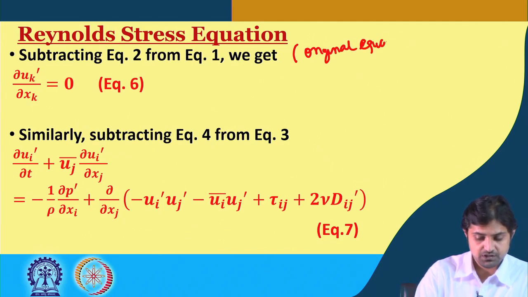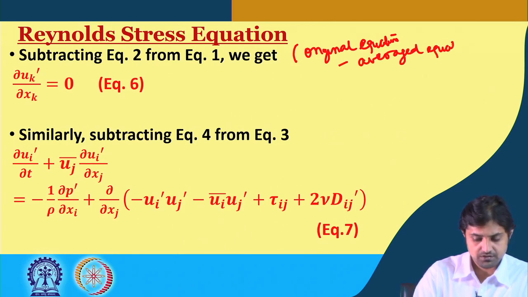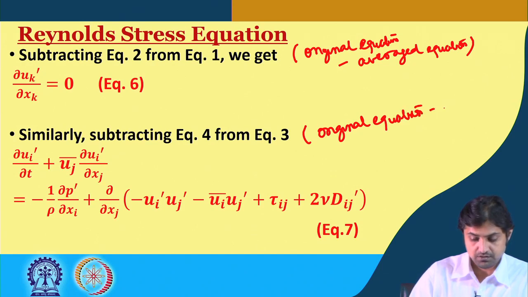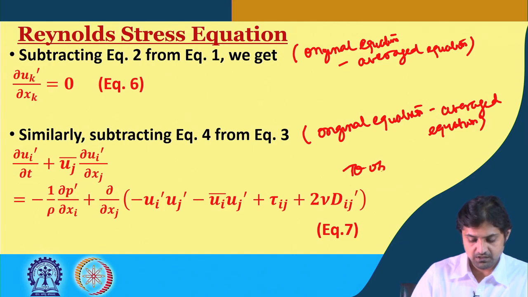We are going to get del ui prime del t plus uj prime, and so on. The original equation minus the averaged equation. Same here, original equation minus the averaged equation. And why do we do this? To obtain fluctuation equations.